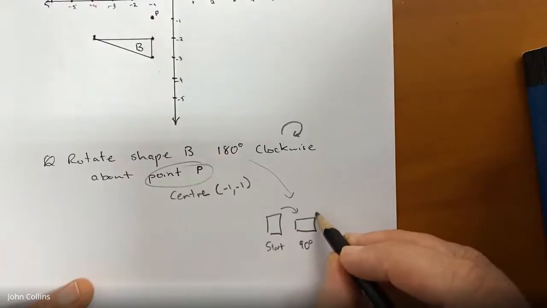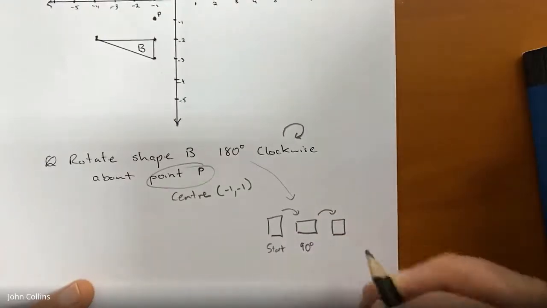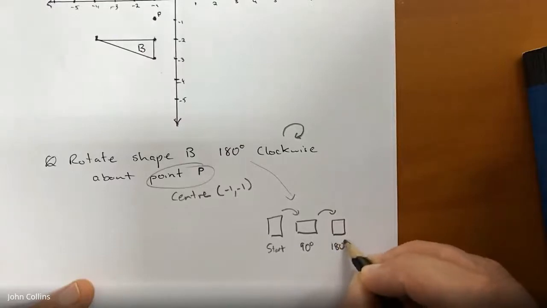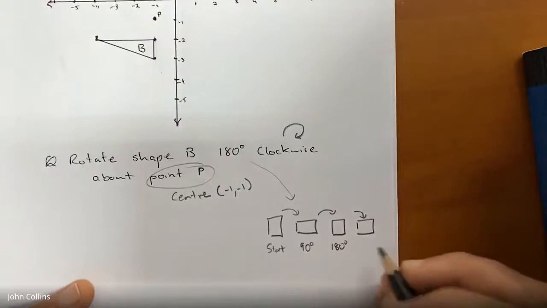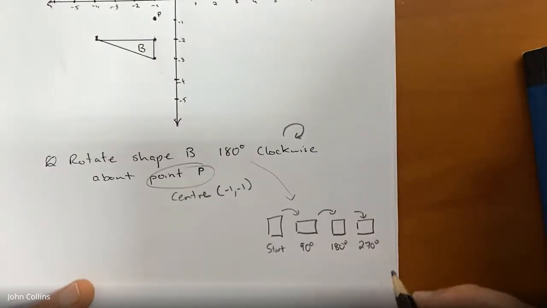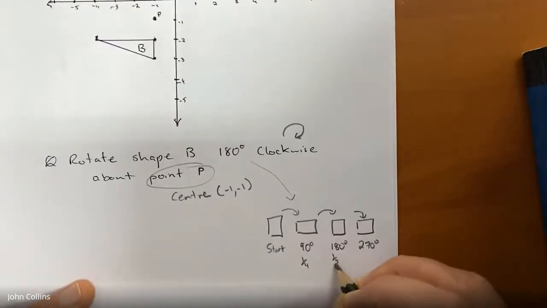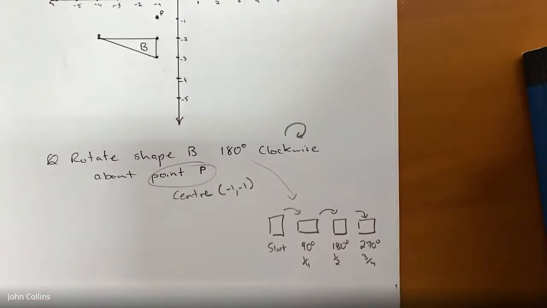If I rotate that again to this way, that's 180 degrees. And if I rotate it again to that way, that's 270 degrees. And if I go the full way around to the start, that's 360, but we're never asked for that, so we'll stop there. So that's a quarter, a half turn, and 3/4 of a turn. Okay, so you can pop that into your notes as well.